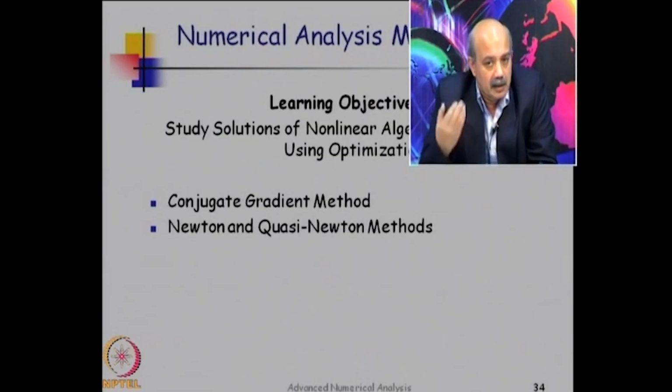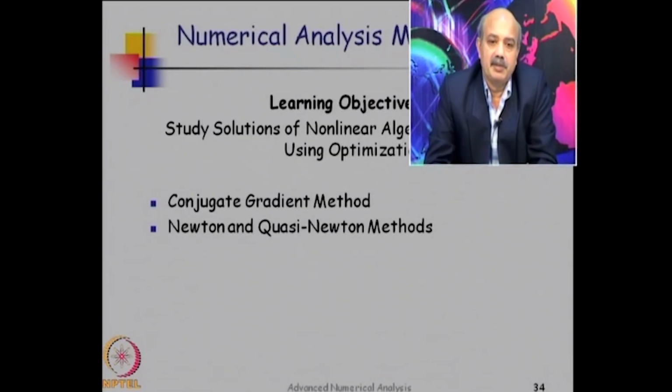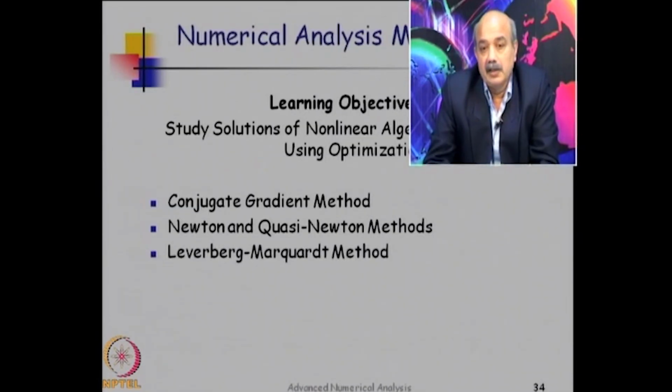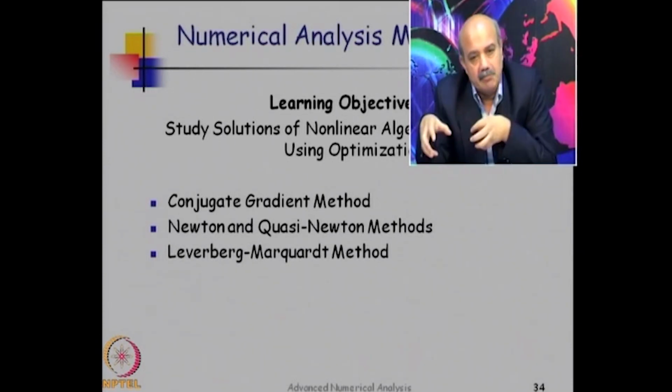There are Hessian or second order derivative based methods, which in this category are called Newton's method. We also have quasi-Newton methods, which are again simplifications of Newton's method or Hessian based methods. So we will have a brief introduction to quasi-Newton methods, and finally we will look at a method called the Levenberg-Marquardt method, which is a combination of the gradient method and Newton's method.